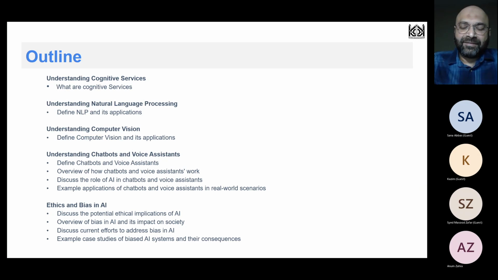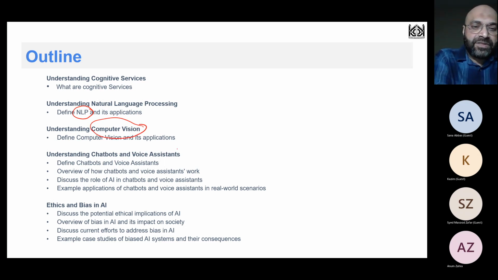All right, so next one is our outline. We have quite a bit of ground we're going to be covering. We're going to be covering cognitive services, looking into what a cognitive service is. We're going to understand natural language processing, or NLP, define what an NLP is, and what computer vision is, and what chatbots and voice assistants are.